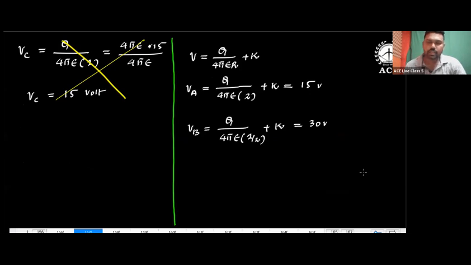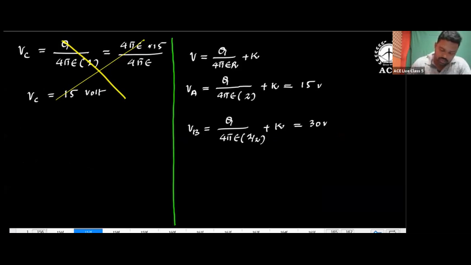So how can this be equated? Two equations, two unknowns. Here the charge is unknown, K is unknown. So with two equations and two unknowns, you can find the charge value and the K value.